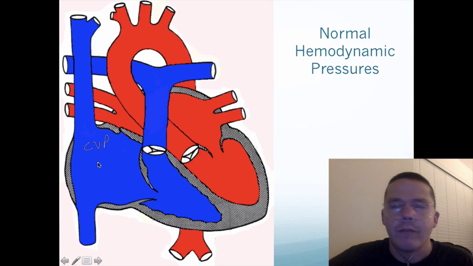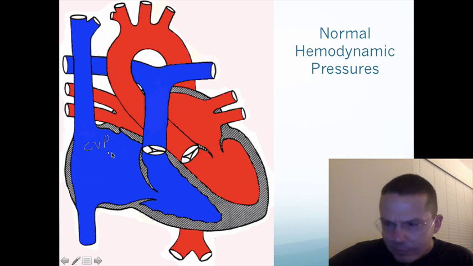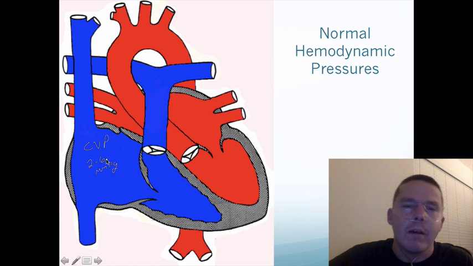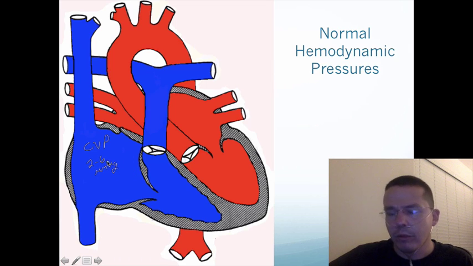There is a conversion factor. I'll put it in the notes down at the bottom. A normal central venous pressure is anywhere between 2 to 6 millimeters of mercury. Now remember that this doesn't pump, so it's just one mean pressure that we're looking at.